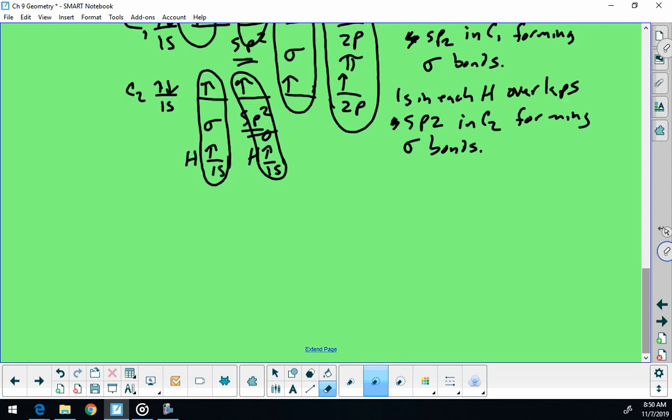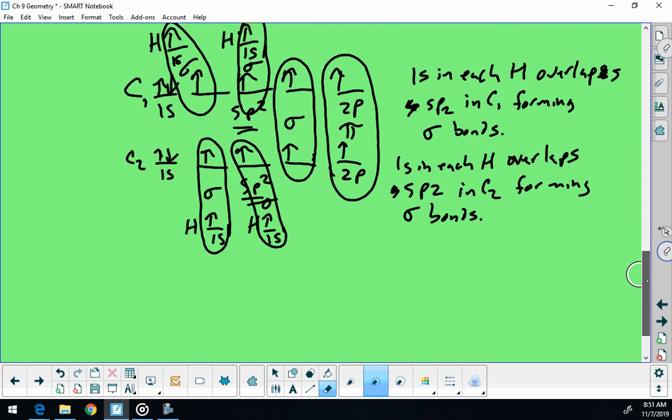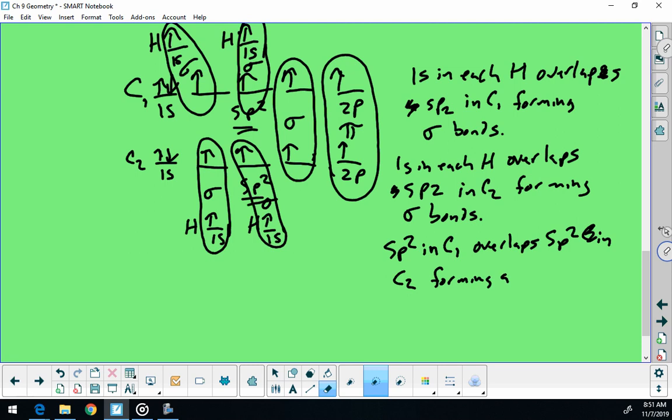And then now what happens? What is happening between my C1 and C2? So I have an sp2 in C1 that overlaps an sp2 in C2, forming what kind of bond? Forming a sigma bond.